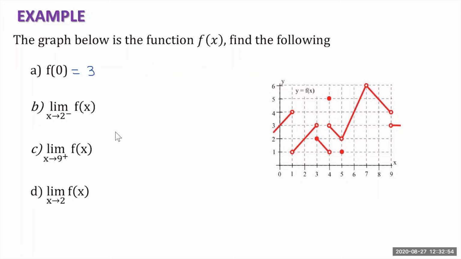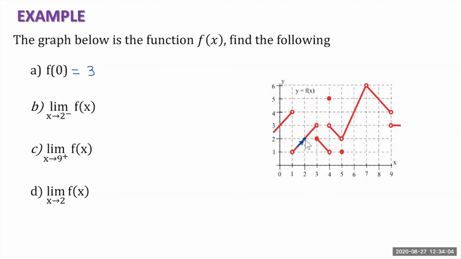Next we have the limit as x approaches 2 from the left. Here is 2. When x approaches 2 from the left, the graph is going like this from the left. You can see it approaches closer and closer to a value. So for the point x equal to 2, this is the point on the graph.